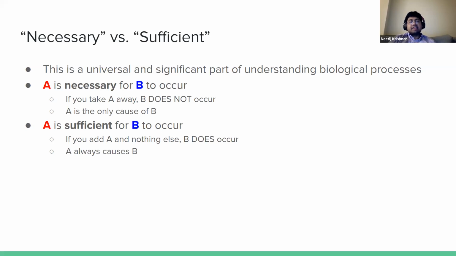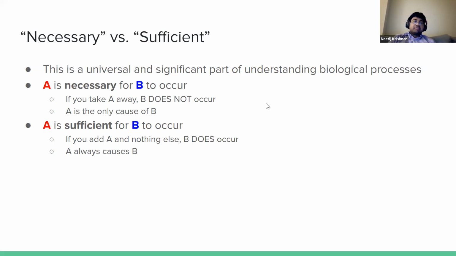A is necessary for B to occur. That means that A is the only cause of B. Now, if A is sufficient for B to occur, that means that if you add A and nothing else, B does occur. So A will always cause B.